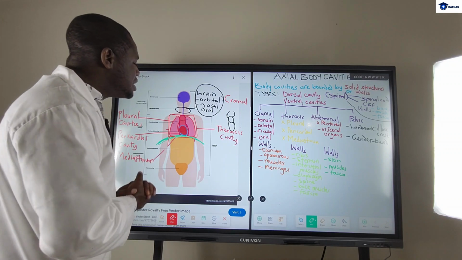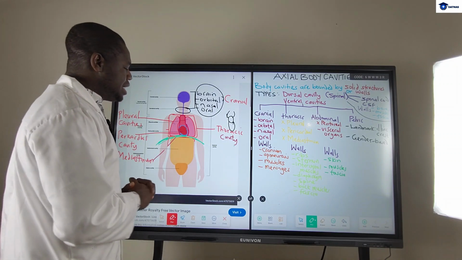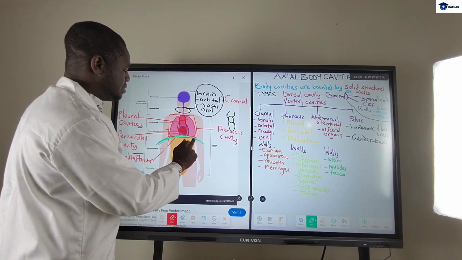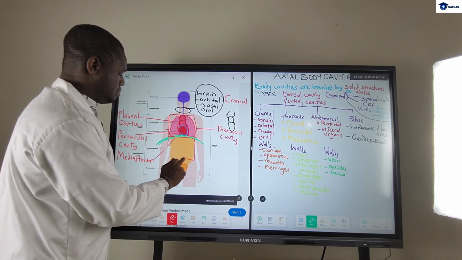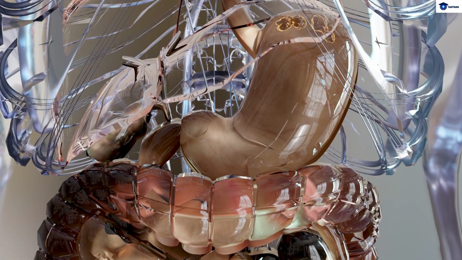The next cavity to talk about is the abdominal cavity.